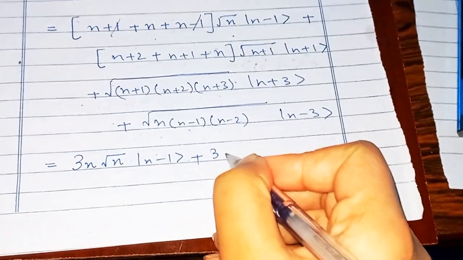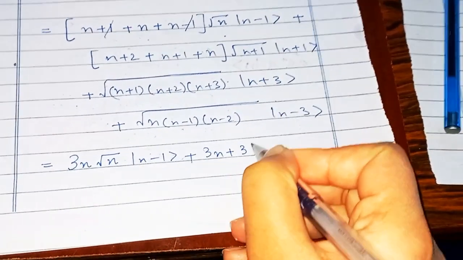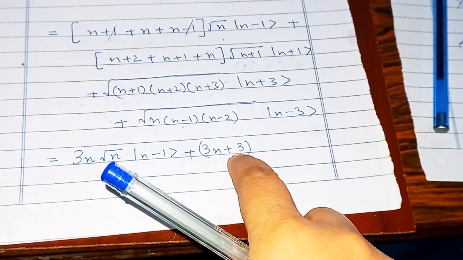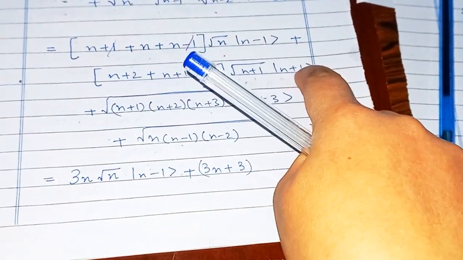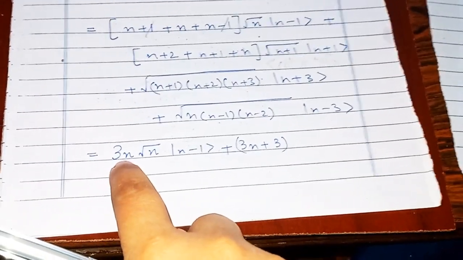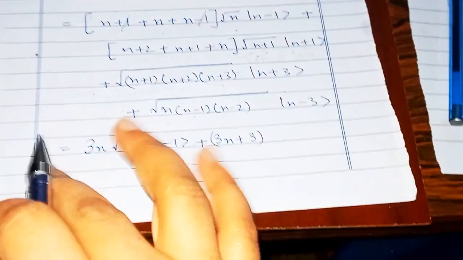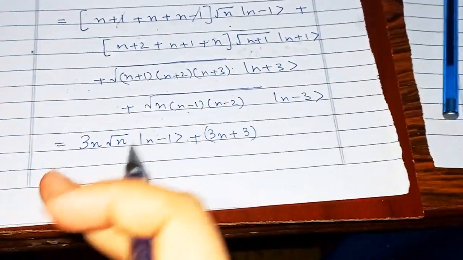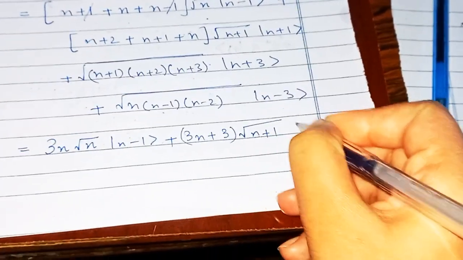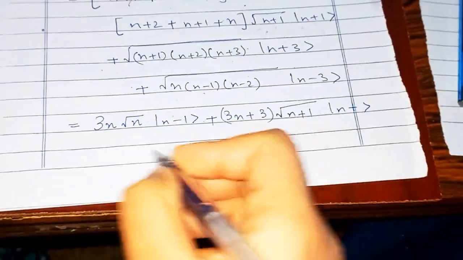So it's 3n plus 3, and we'll be using bracket here because we have two quantities that are being added to each other, and we have this thing outside, so we have to use bracket. While in this case we had only 3n, we don't need to use any bracket because nothing is being added or subtracted when we had this thing.